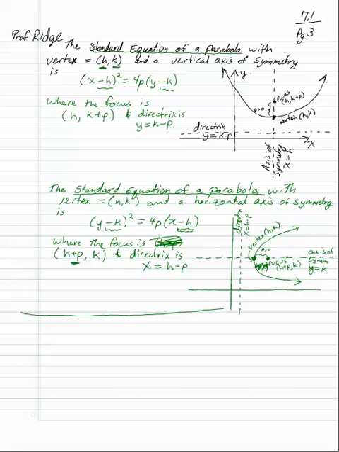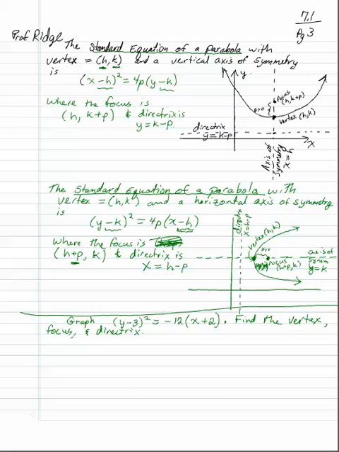All right, let's try one of these. We've got (y minus 3) squared equals negative 12(x plus 2). First you have to decide, is it horizontal or vertical? Remember what I said before, the one that opens up and down is y equals x squared. This is y squared, so it's horizontal, opens side to side.